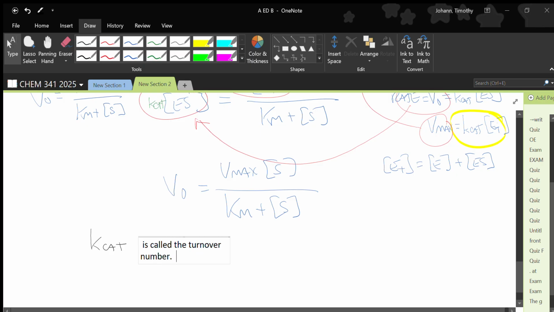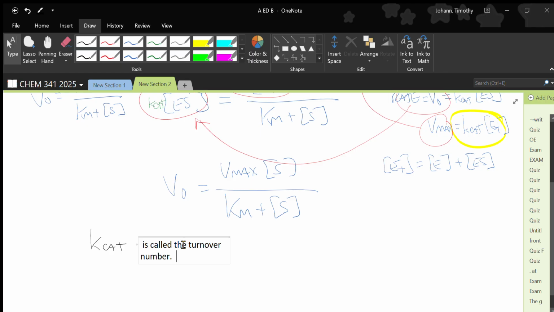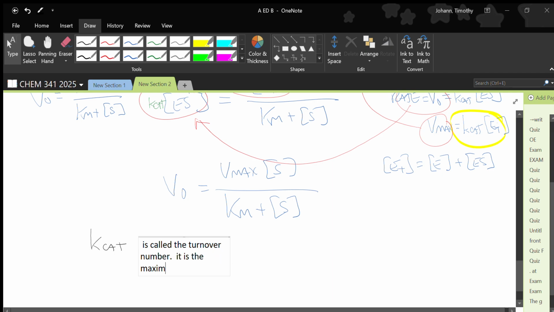It's the maximum number of substrates an enzyme can convert to product in a given amount of time. Actually, let's say the maximum number of products an enzyme can produce in a given amount of time.